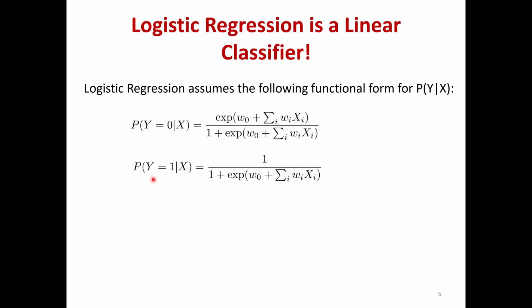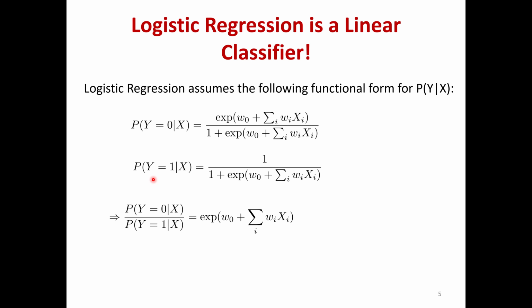Then we calculate the ratio of these two numbers. If this ratio is bigger than 1, it means that the predicted class label is 0, and when this ratio is less than 1, it means that the predicted class label should be 1.